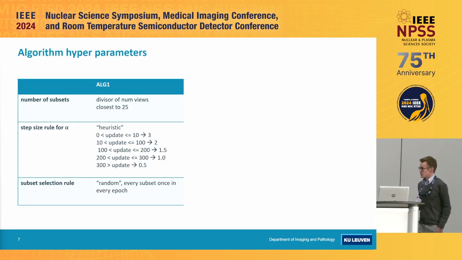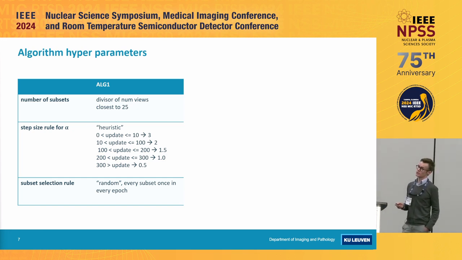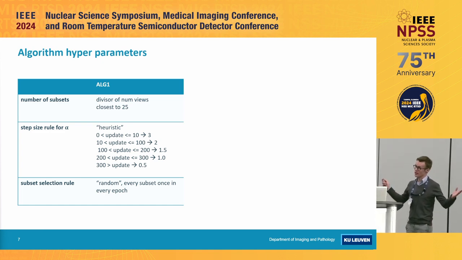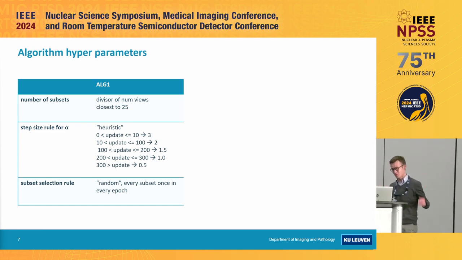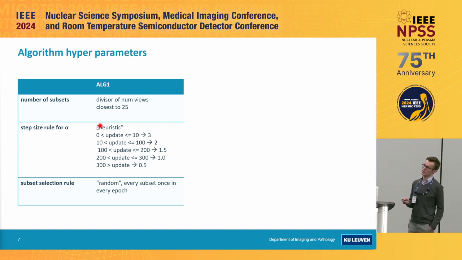And then the last important thing was the step size, which is shown here in the middle row. What we did in the end, we submitted 3 algorithms because we were allowed to submit 3 algorithms, right? But the difference between the algorithms is very subtle, so they all use this general scheme. One difference is how we set the step size alpha.